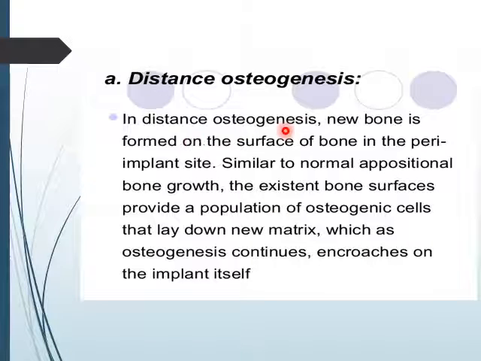In distance osteogenesis, new bone is formed on the surface of the bone in the peri-implant site. Similar to normal appositional bone growth, the existing bone surface provides a population of osteogenic cells, like osteoblasts, that lay down a new matrix or new osteoid tissue, which continues osteogenesis anchored on the implant itself.